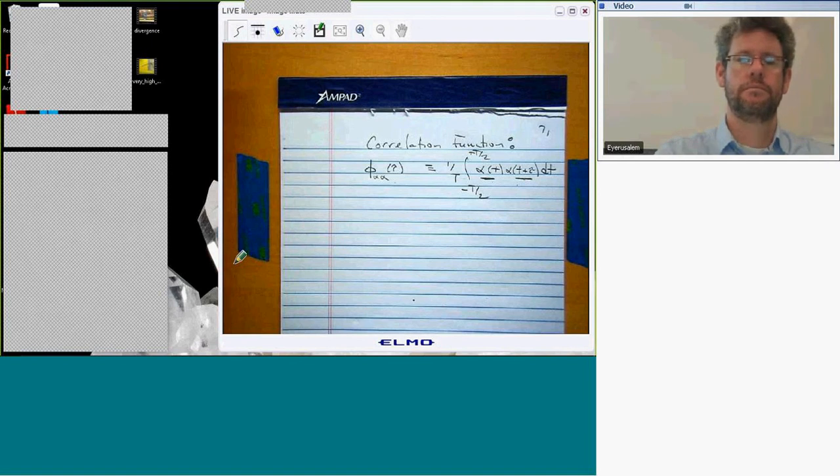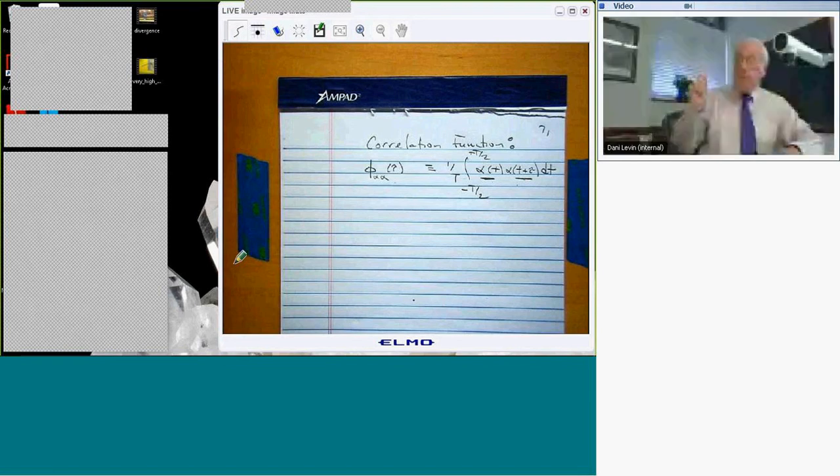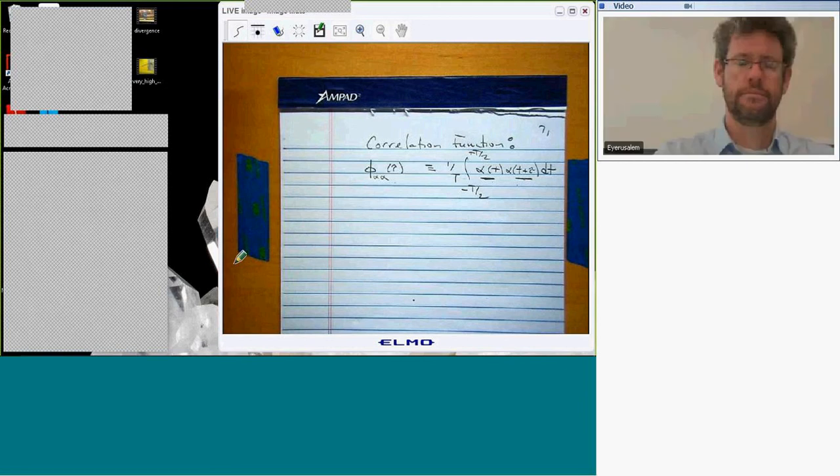In particular, after 3 or 4 pages of algebra, which are in the book, you can show that the power spectrum of alpha is equal to the power spectrum of alpha naught times the square of the transfer function.